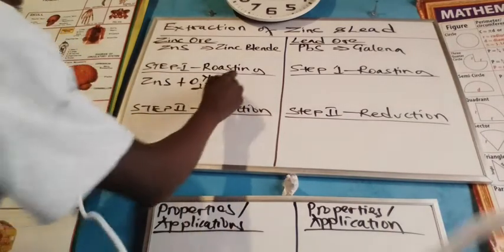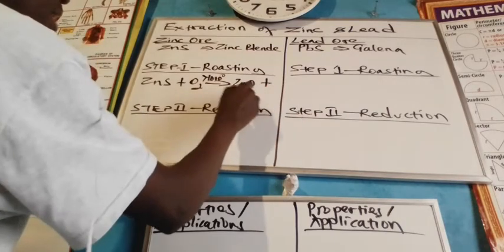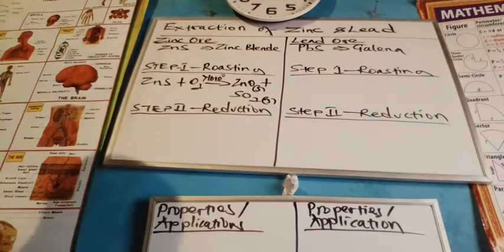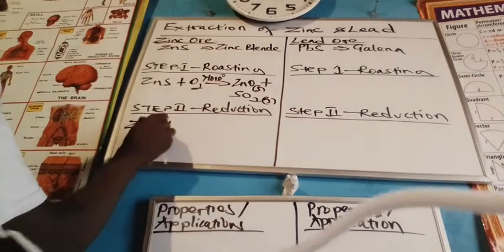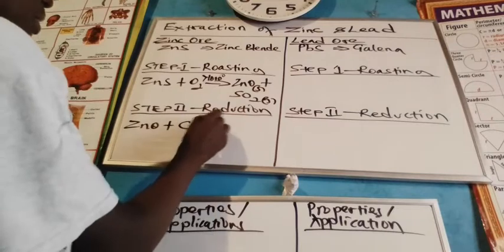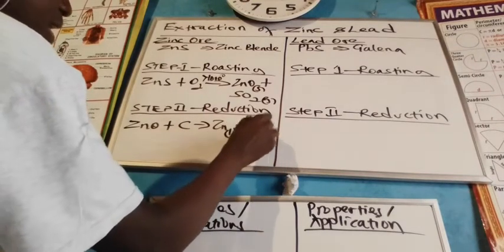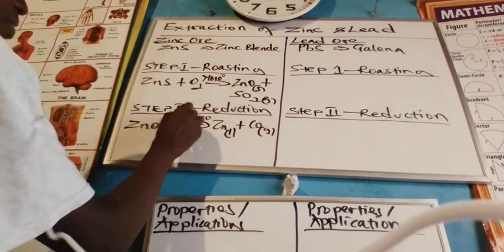The net result is that we form zinc oxide and sulfur dioxide as a waste product. Once zinc oxide is formed, we take it to the next level where we reduce it by carbon into zinc extract and carbon monoxide as the waste byproduct. The temperatures here are 1000 plus.